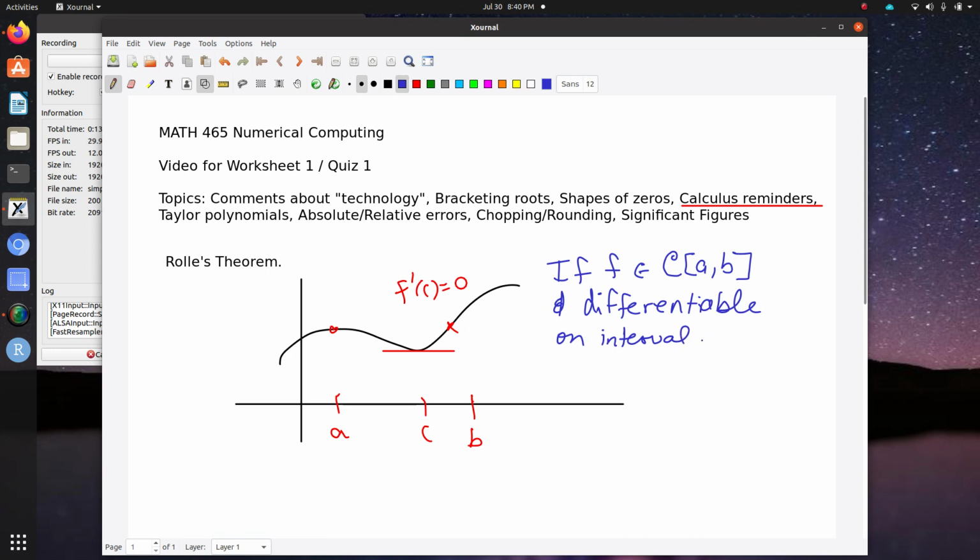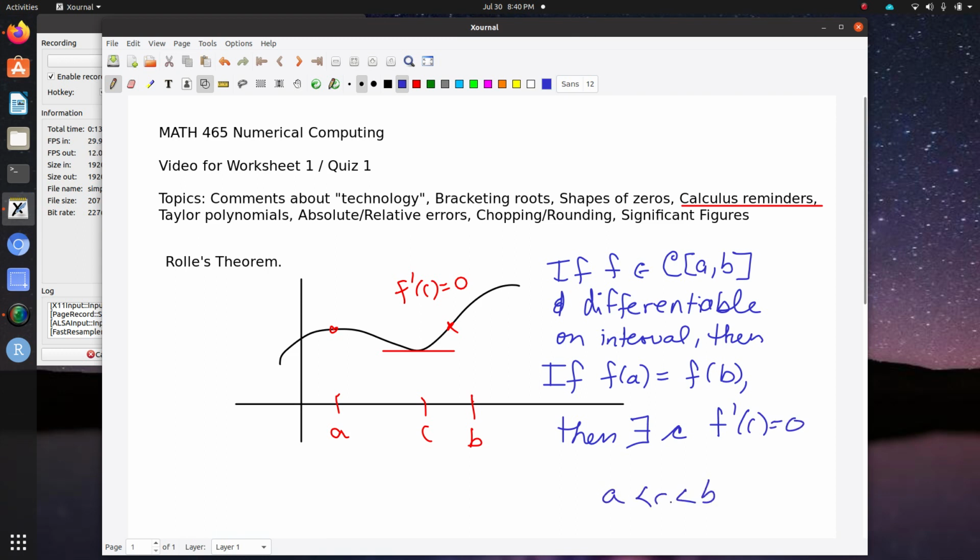Then, if f(a) equals f(b), there exists a little c such that f prime of c equals 0, and c has to be between a and b. Okay, so that's Rolle's theorem.